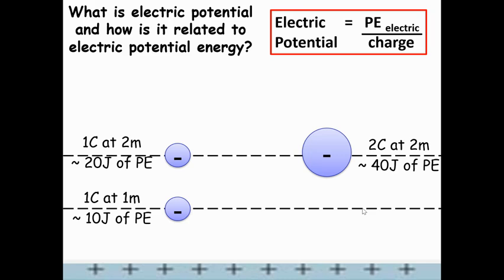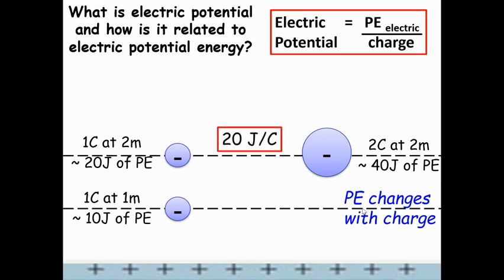Physicists wanted to know, well, potential energy here changes with charge, but can we give a value for this particular location that is not affected by charge, that would be the same regardless of how much charge you put at this location? We can. It's called electric potential.